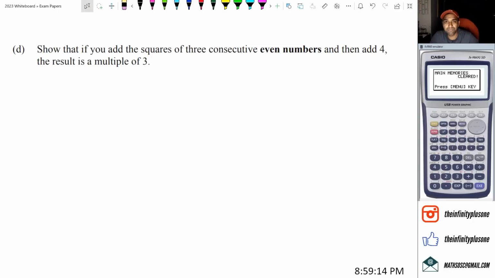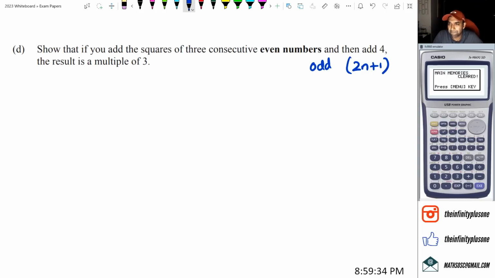With this question, this is something that's actually extremely useful to remember. When you think about odd numbers and even numbers, odd numbers generally are written in the format of 2n plus 1.